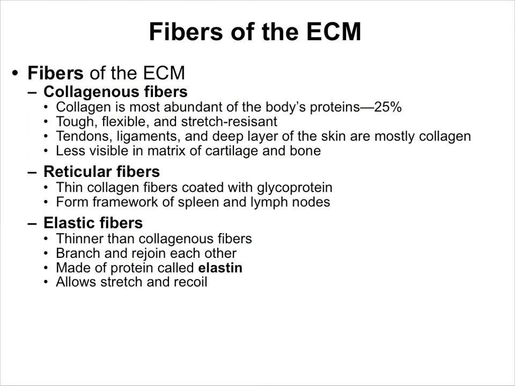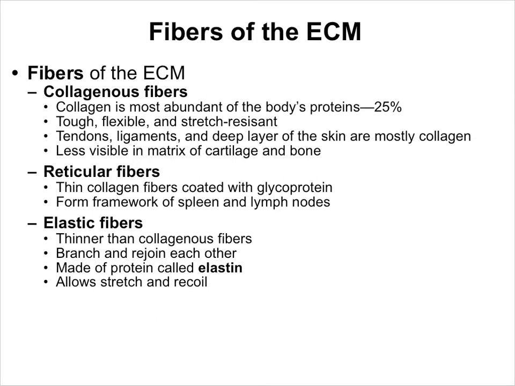So there are three main fiber components of the extracellular matrix, two of which we've already talked about, but let's give a little bit more detail. The most abundant fiber is collagen. And there are actually several different types of collagen, depending upon the type of tissue that it is. Not all collagen is the same.